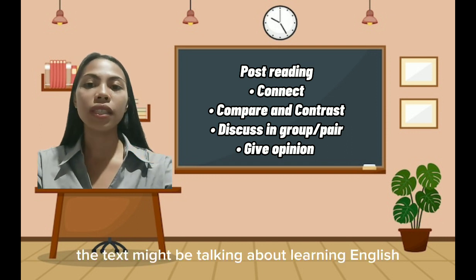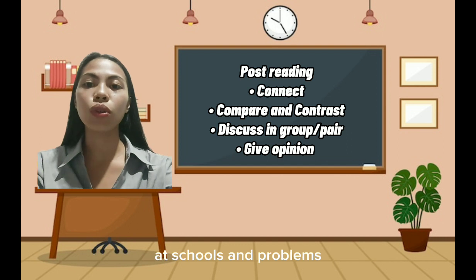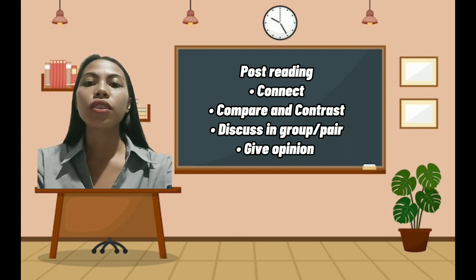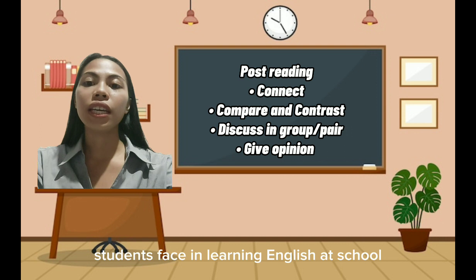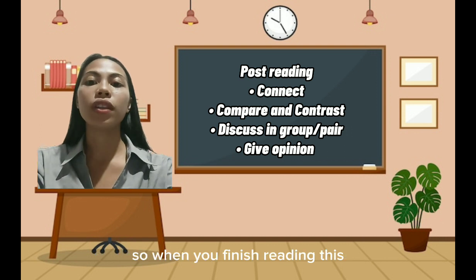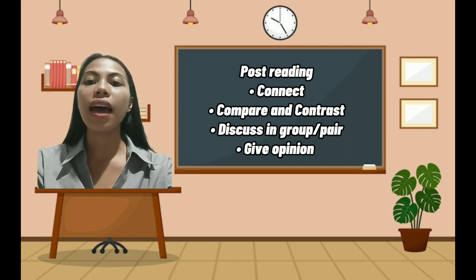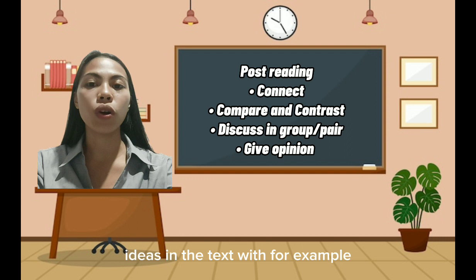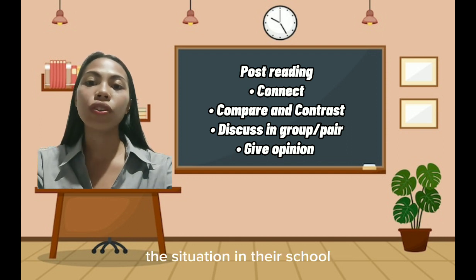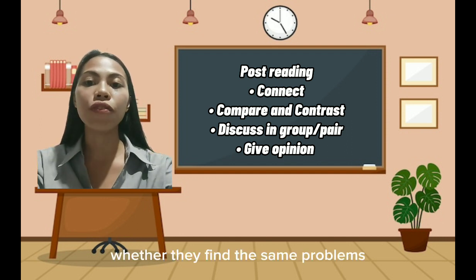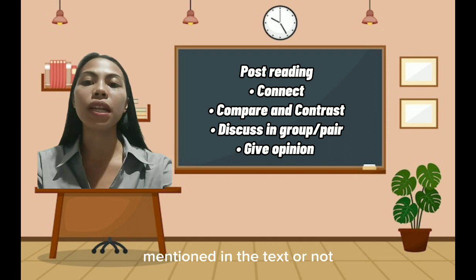For example, the text might be talking about learning English at schools and problems students face in learning English at school. So when you finish reading this, that time students can compare information and ideas in the text with, for example, the situation in their school, whether they find the same problems mentioned in the text or not.